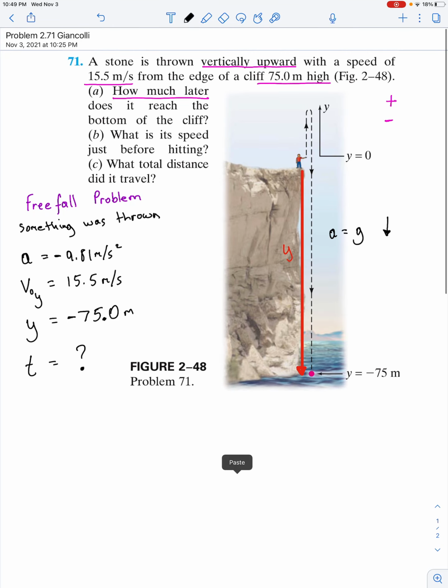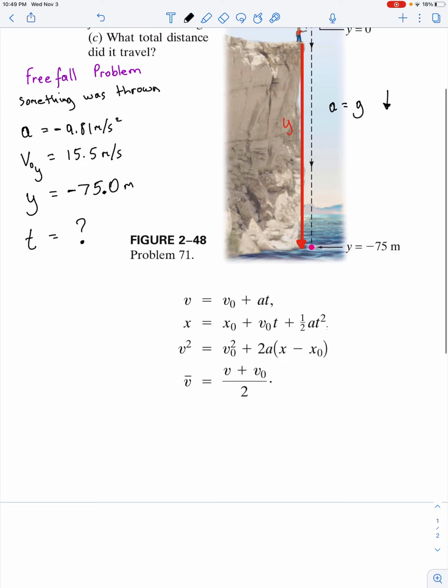Why am I using these? If I'm looking at constant velocity, then it would be v is equal to x over t, but I can't use constant velocity because we have an acceleration. So I have to use one of these motion equations to solve for whatever I'm looking for here. So how do I go about solving for these equations? Well, I replicate the same thing every single time.